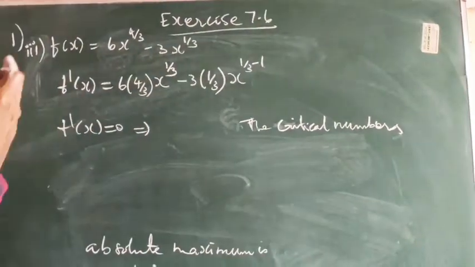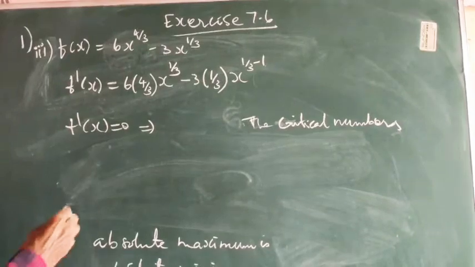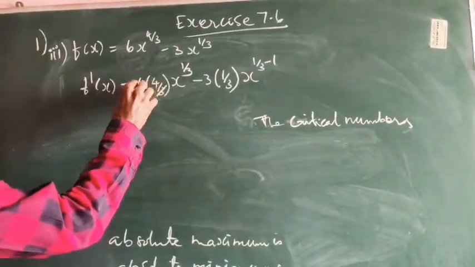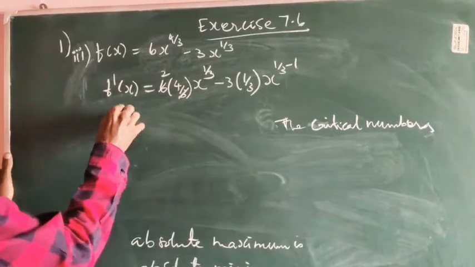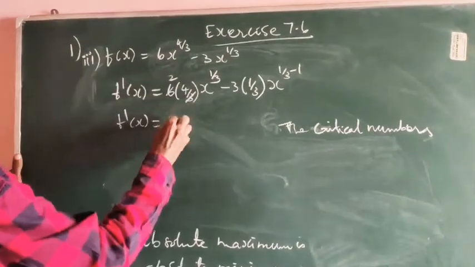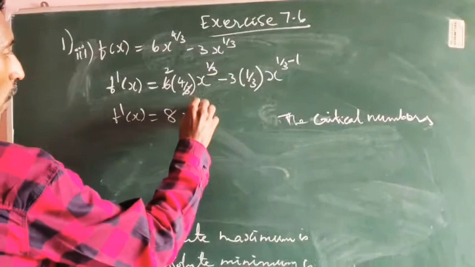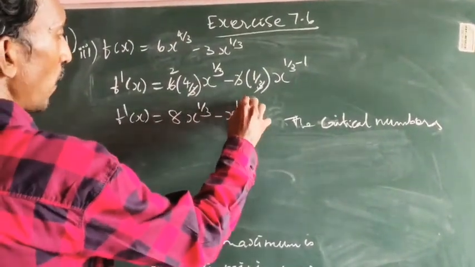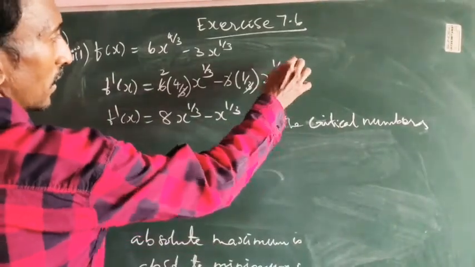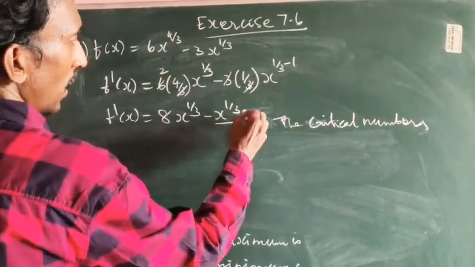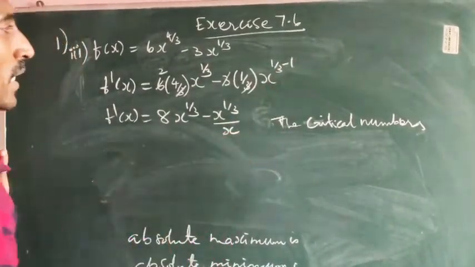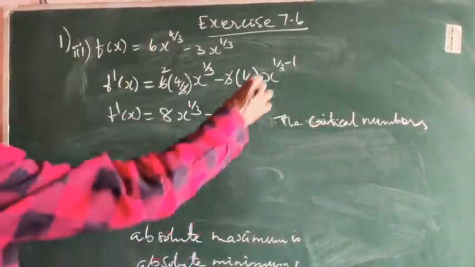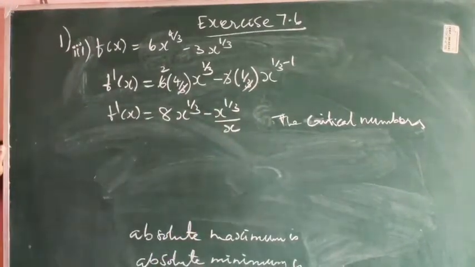The reason is we can take 1 by 3 in common. So listen, here 1 3s are, 2 4s are 8. So f dash of x equal to 8 into x power 1 by 3; 3 3 cancel, so minus x power 1 by 3 into x power minus 1, which can be written as 1 by x.